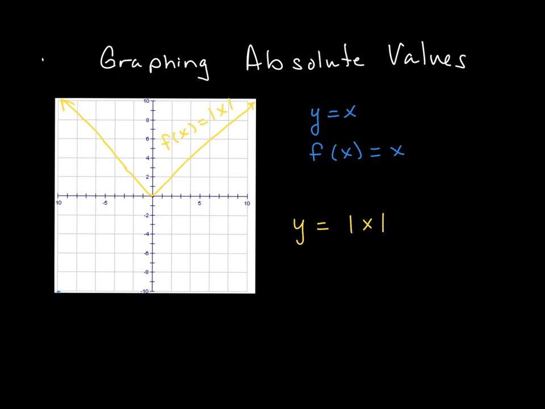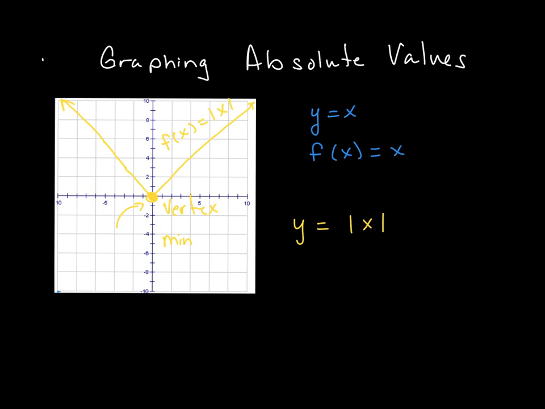And when I'm talking about this graph, it's important that we note what this point is. This is called the vertex of the point, and in this case, this is a minimum value, which means it's the lowest point on the graph.